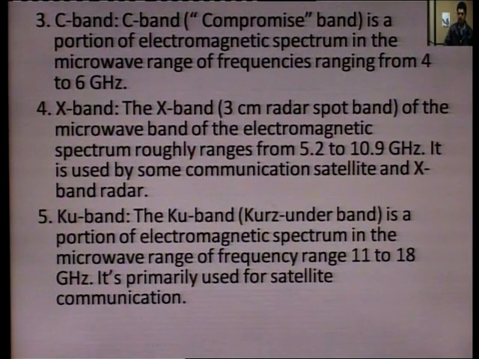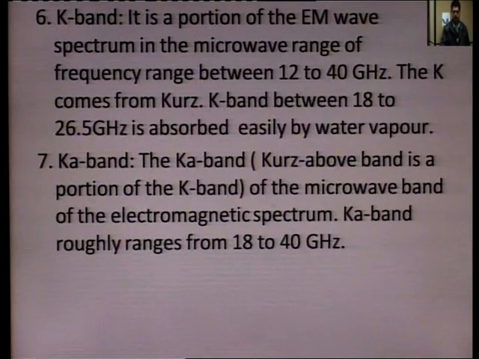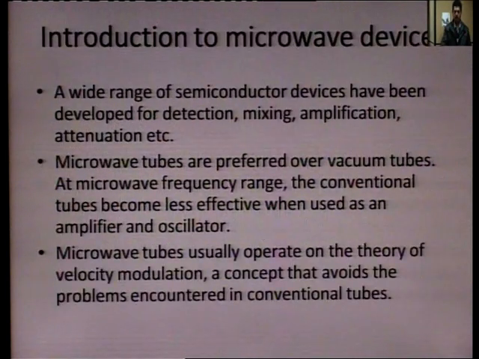They are again used for satellite communications. Then K band is a portion of the electromagnetic wave spectrum in the microwave range of frequency 12 to 40 gigahertz. Again, these are used for radar systems and for satellite communication. Then the frequency range above 18 to 40 gigahertz is called the Ka bands. So, these are the various types of bands.